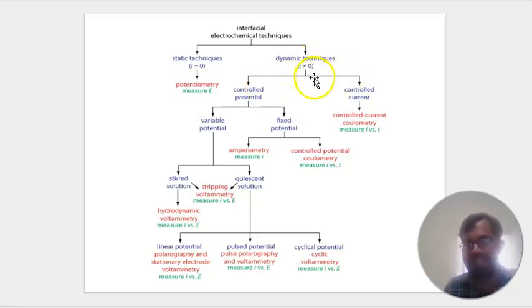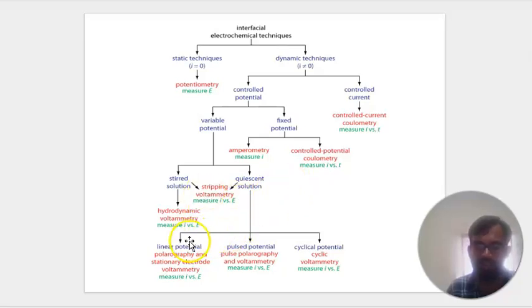In dynamic techniques, again two types: controlled potential and controlled current. Controlled current is coulometry, the measuring of voltage over time. Then variable potential and fixed potential. Fixed potential is amperometry and controlled potential coulometry. And the variable again stirred solution and quiescent solutions.